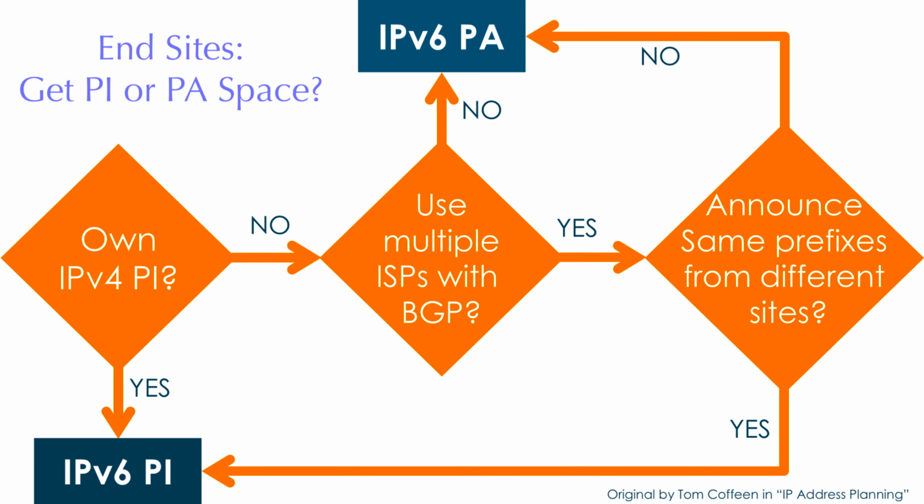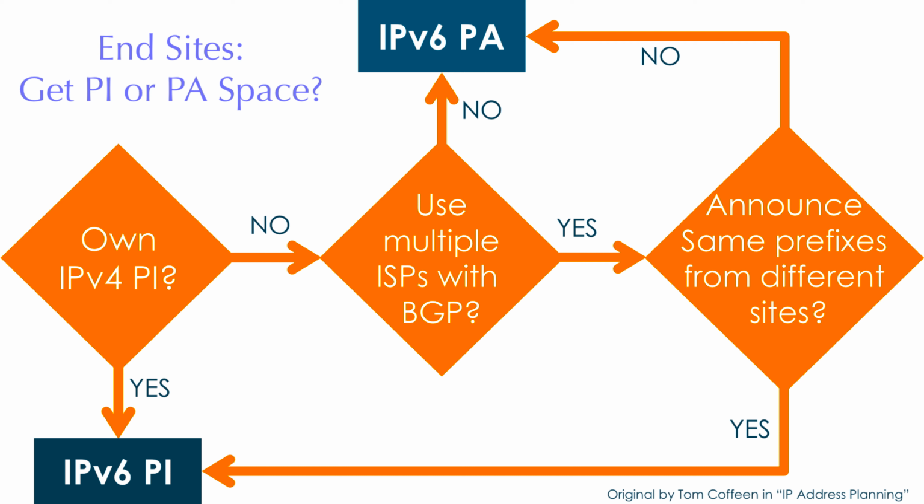So this is one basic decision-making flow that you can use to determine what type of resources you'd need. So, do you need, let's put it in this case, an IPv6 block for your own network? If the answer is yes, then obviously you need an IPv6 PI block.